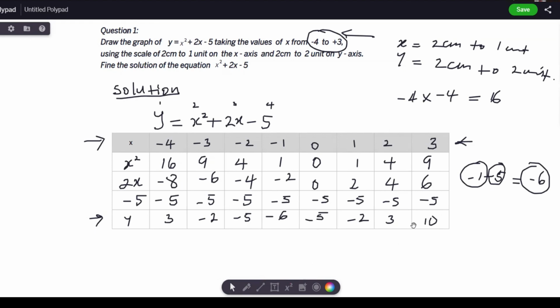What is the highest value here? The highest value we have here is 10. Now the least is what? 2, right? So that means for us to capture all these values on our graph, if we use this particular scale, it makes the graph more visually appealing, right?